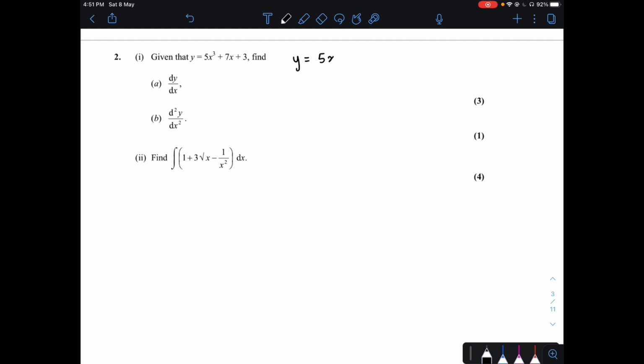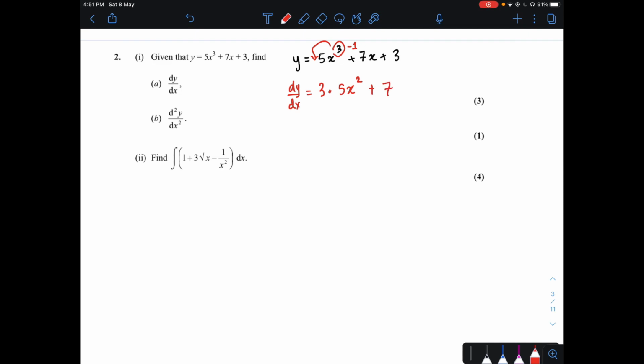The easiest way to differentiate is to bring down the power and multiply by what's left. So we have the 3, this goes down, and we take 1 away from the power. What we're left with is dy over dx is actually 3 times 5x, and 3 minus 1 is 2, so it's squared, plus 7. Why 7?